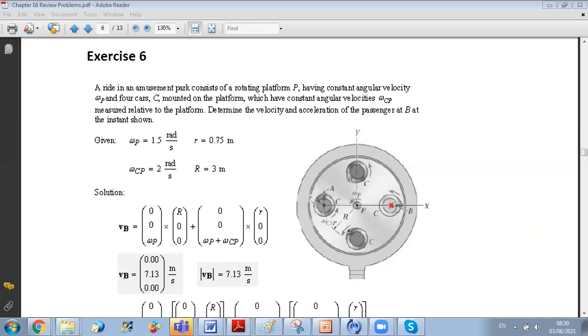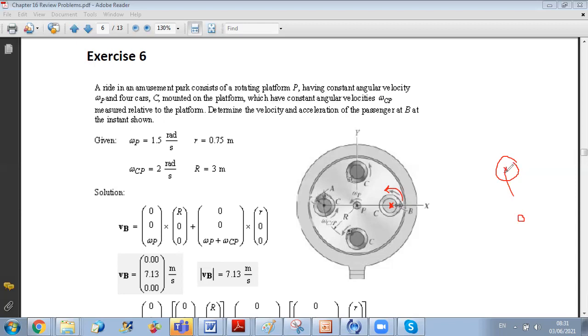Okay? So the velocity of this point is not depending on omega Cp, because if you consider a body rotating about its axis, all points relative to this axis will move, just this point will be fixed. Okay, we'll have a velocity of 0 in case it's not on a moving body.